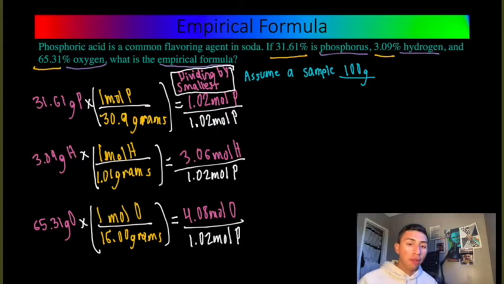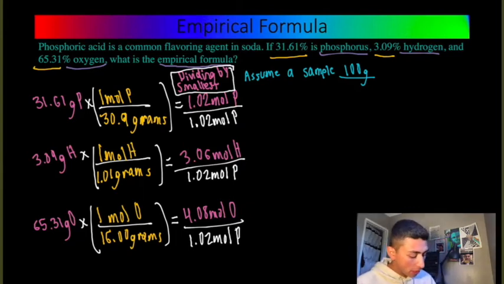You're always going to divide each of the number of moles by the smallest one. It cannot be 3.06 moles in this case because 3.06 is bigger than 1.02, and 4.08 is also a larger number than 1.02, so the smallest one is 1.02, obviously. I really want to stress that you're always going to divide by the smallest number.